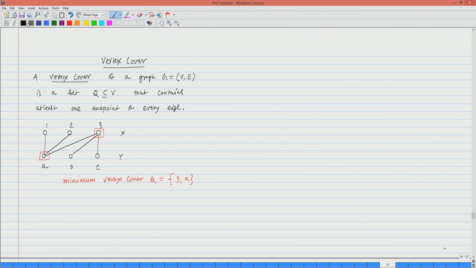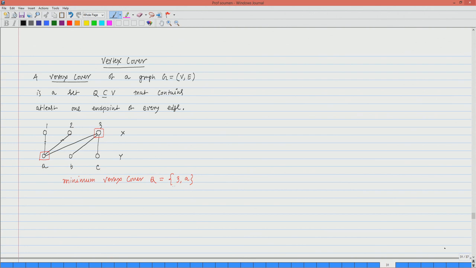Why is this true? Because you take any edge here. This edge is covered by vertex 3, this edge is covered by vertex 3, because it contains one endpoint. This edge is covered by both the vertices, this edge is covered by vertex A, this edge is covered by vertex A again.